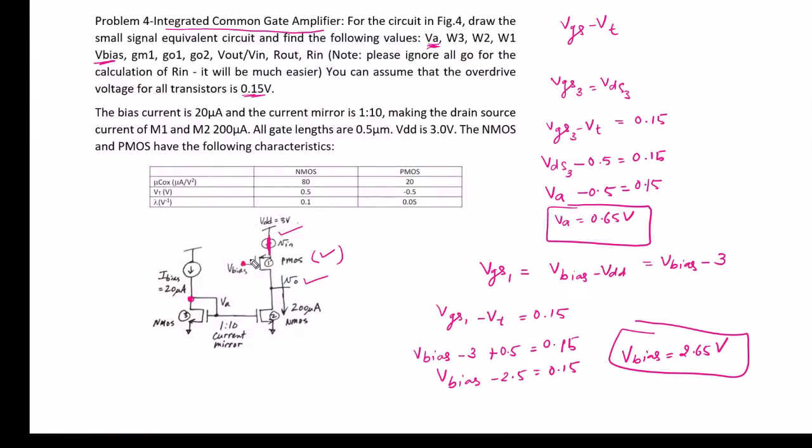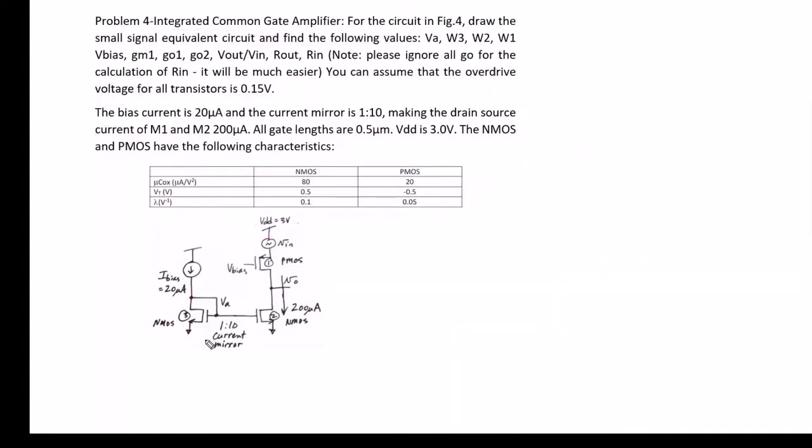Now let's find the width of all transistors. First of all, we can easily calculate the width of the third transistor. We can see that VGS3 is equal to VDS3. So when the transistor is on and VGS3 is VDS3, the third transistor will be biased in the saturation region.